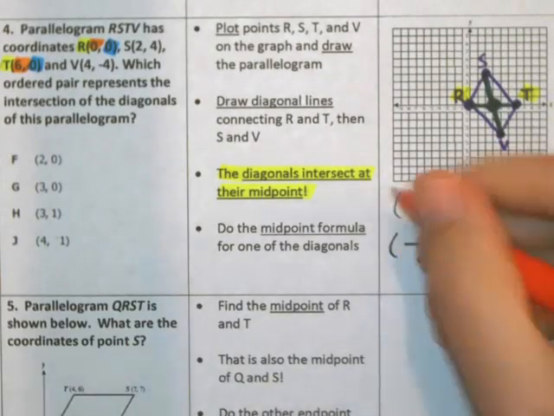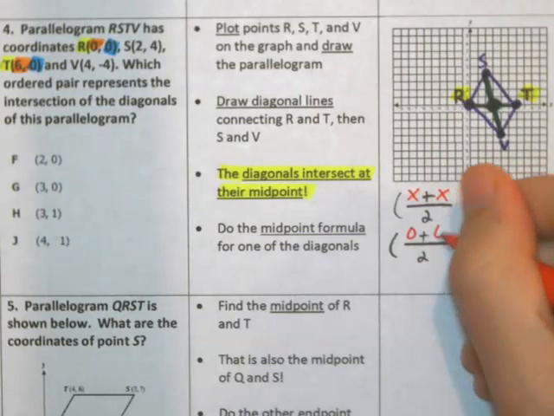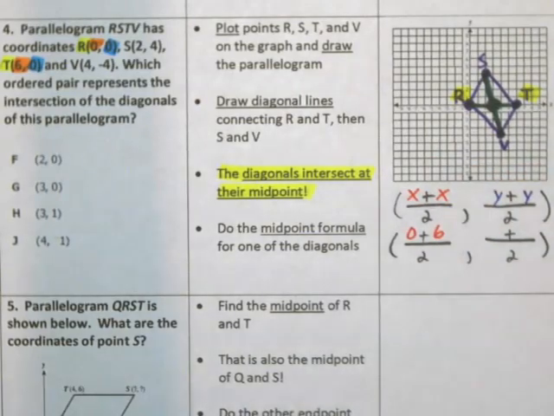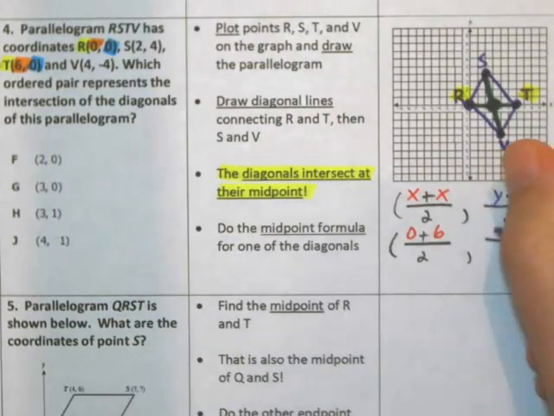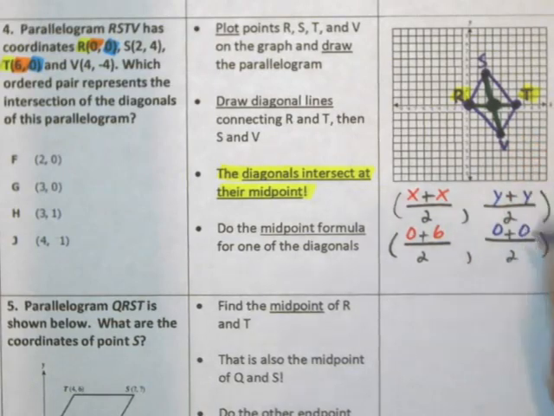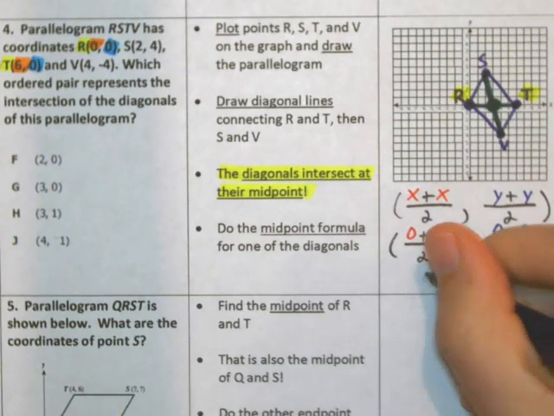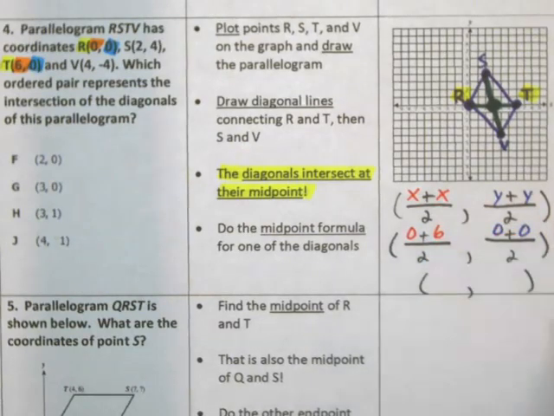My first x value is 0. My other x value is 6. My first y value is 0. My other y value is 0. Now I'm going to simplify. You guys can use Desmos.